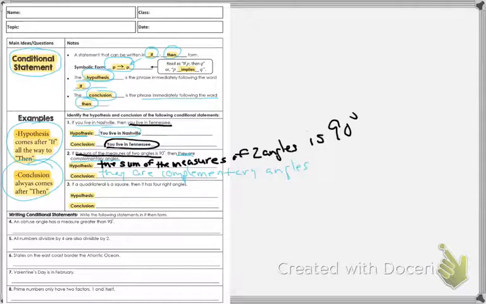Again, number three, hypothesis comes after if. Conclusion comes after then. So the hypothesis for number three: a quadrilateral, that's a four-sided figure, is a square.